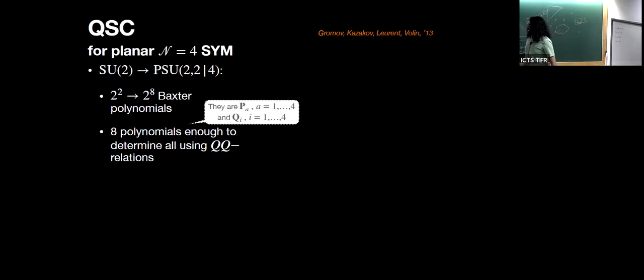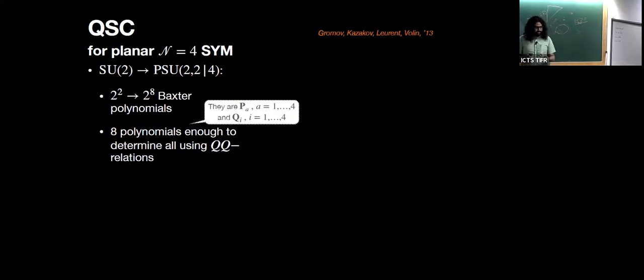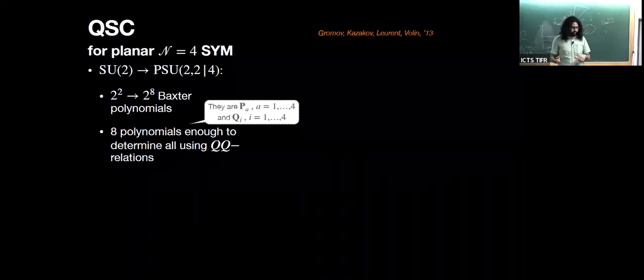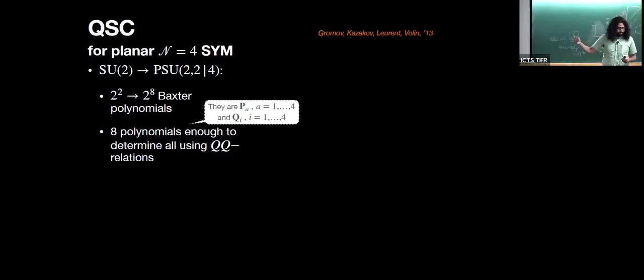The point is that at the level of QQ relations, all you need is SU(4|4). So the QQ system is the same as you'll have for SU(4|4), but this extra PSU stuff gives you some additional relations. There's some notion of Hodge duality which comes in. So you have some upper index and lower index functions, and they are related in a particular way, and this is reflected over there.